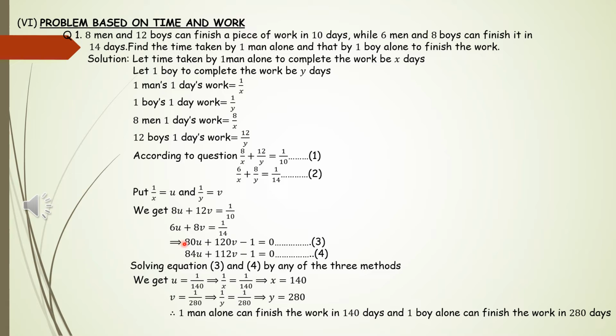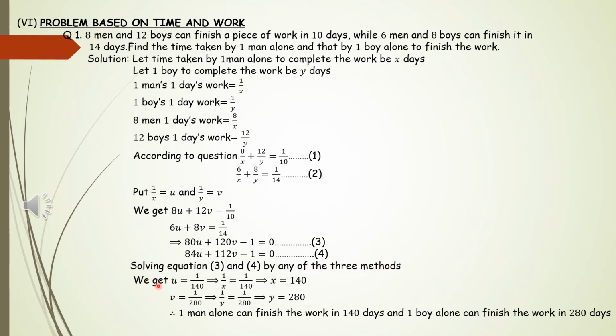Then on solving, you will get the equation as 80u plus 120v minus 1 equal to 0, that is equation number 3, and 84u plus 112v minus 1 equal to 0, equation number 4. Now this is in the general form, ax plus by plus c is equal to 0. It's a pair of linear equations. Then solve equations 3 and 4 by any of the 3 methods.